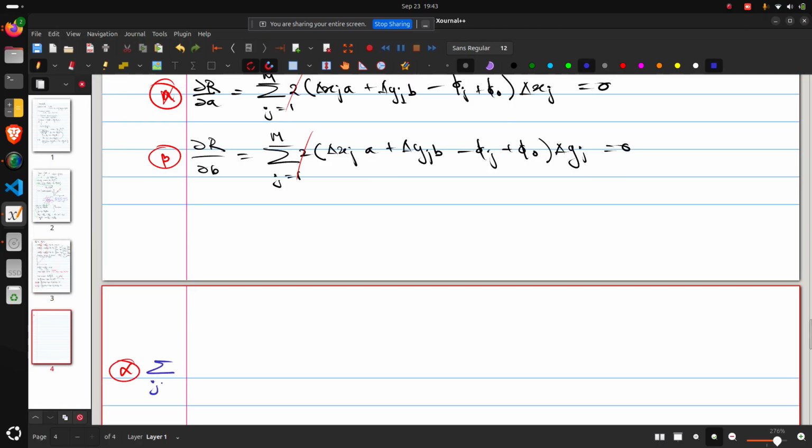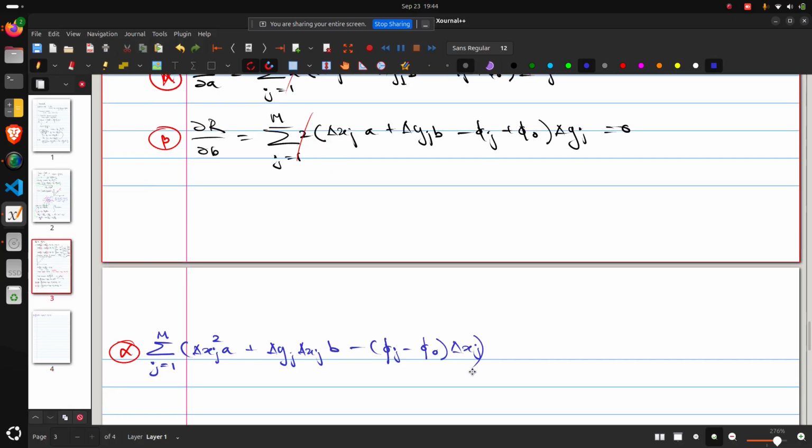It is summation of j is equal to 1 to m, delta x j a plus, okay, we'll just take it inside, delta x j square times a plus delta y j delta x j times b minus phi j, sorry, minus phi naught times delta x j.